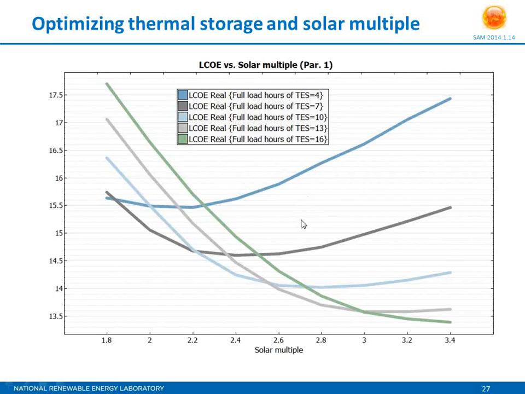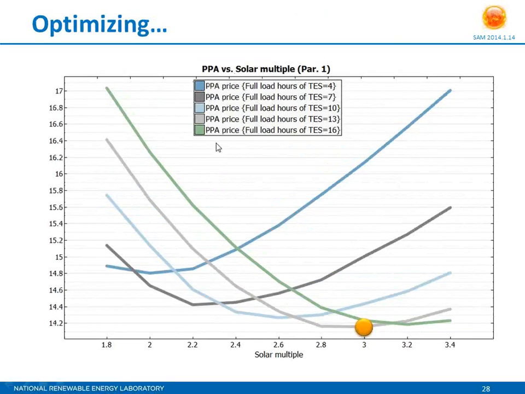So if we look at PPA, so power purchase agreement price, which includes that time of dispatch pricing, now what we see is the best case is not actually building a huge amount of storage. It's quite a bit of storage in this case because we've got a direct system. But it's not just an open-ended slope. So here it actually turned out that our PPA price optimum was at 13 hours of storage with a solar multiple of about 2.8 or 3.